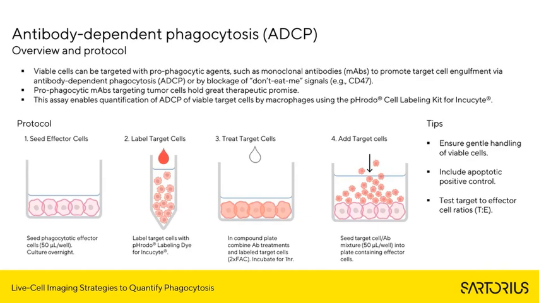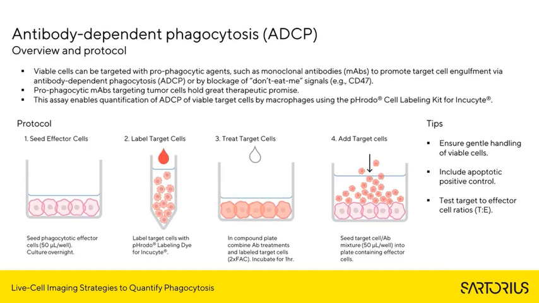For example, labeled target cells alone, as well as target to effector co-cultures at each ratio, in the presence or absence of the antibody, an isotype control or vehicle control. And these controls are really important in determining the optimal assay window.